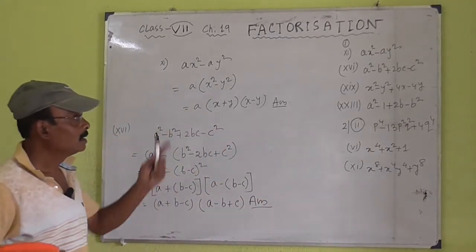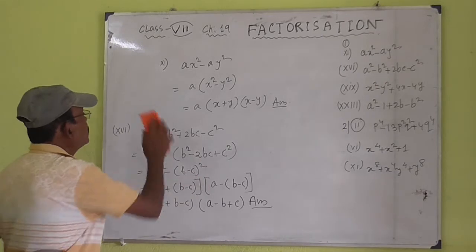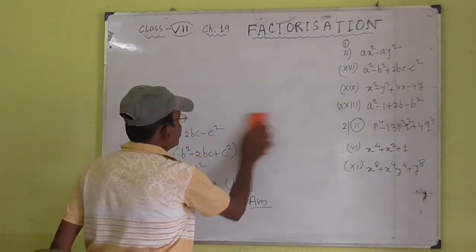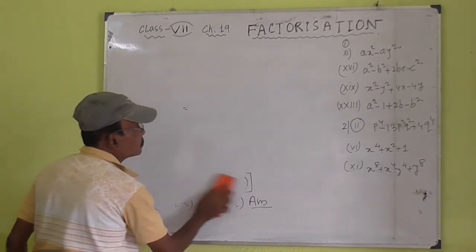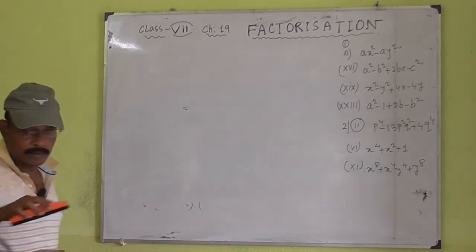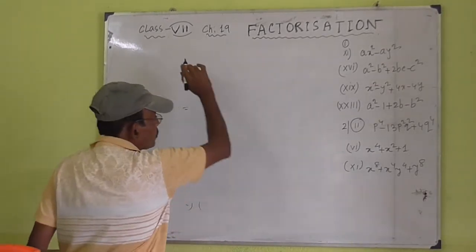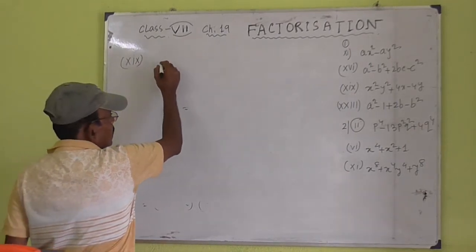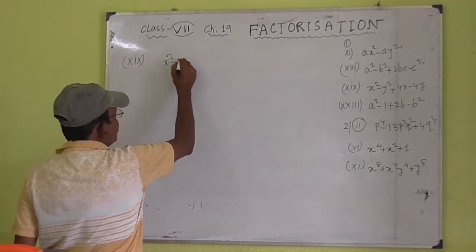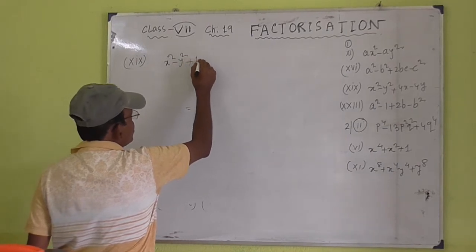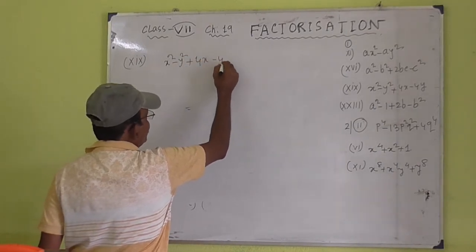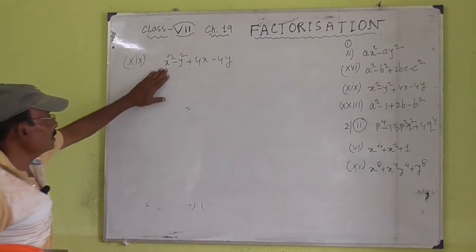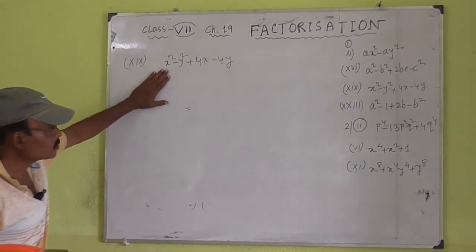Now the next sum. Question number 1, the sum here is x square minus y square plus 4x minus 4y. Here this is x square minus y square.